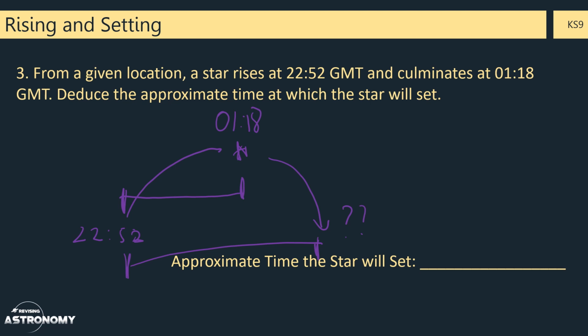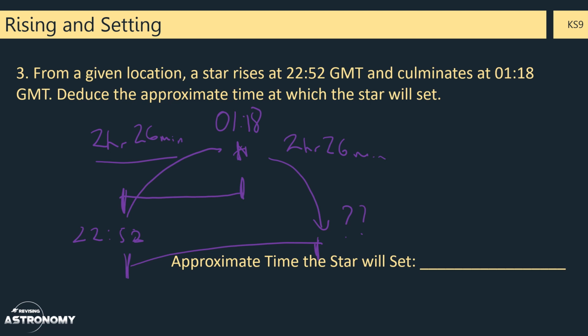If I was doing this, I'd go 10:52 to 11:52 to 12:52. So that means there are 2 hours. And then from 52 round to 18 minutes: 52 would be 8 minutes to the hour, plus 18 minutes would be 2 hours and 26 minutes. Then we know that the time it takes to go from culmination to setting will be the same again, because it's only halfway, 2 hours and 26 minutes.